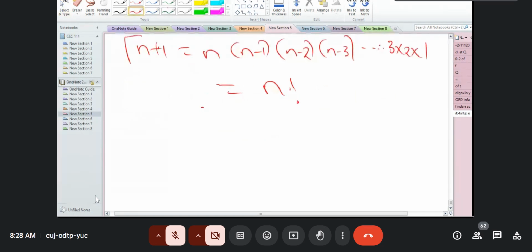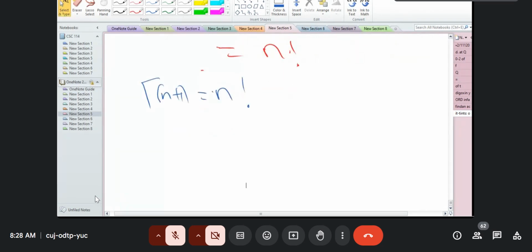So this is a very important relation. Gamma of n plus 1 is equal to n factorial. You can use them interchangeably. So if you have n factorial, you can express the n factorial as gamma of n plus 1.